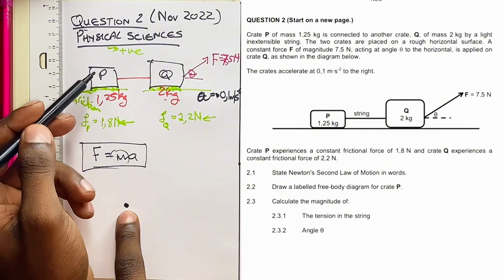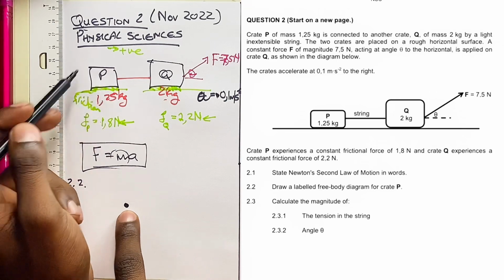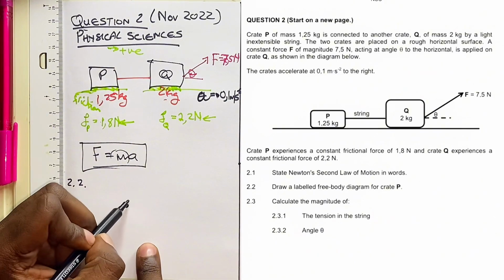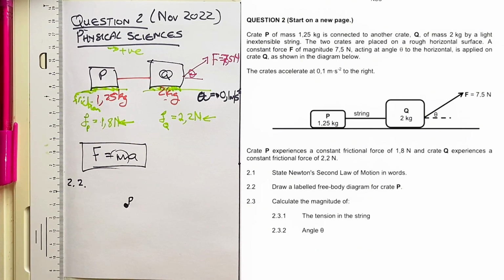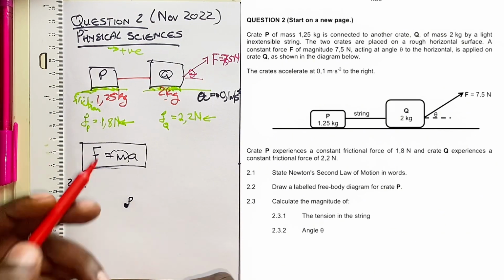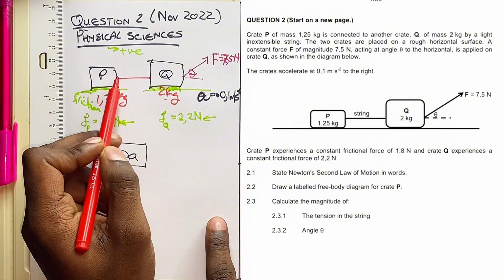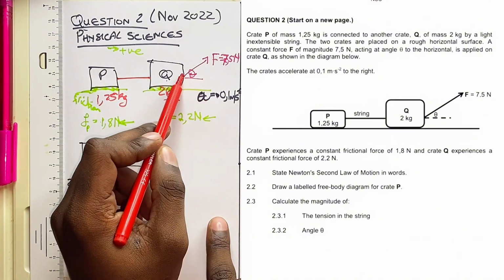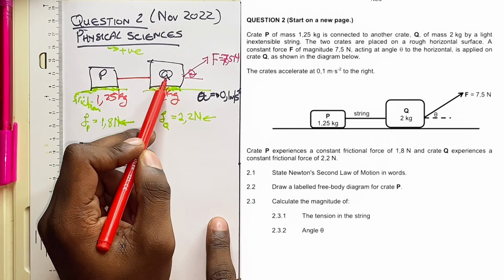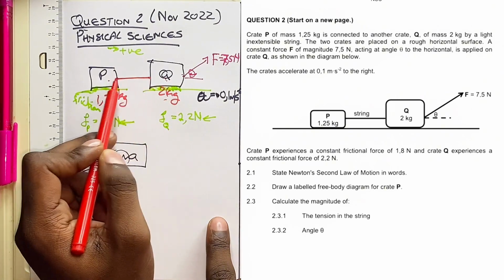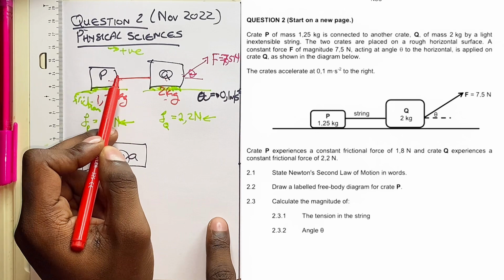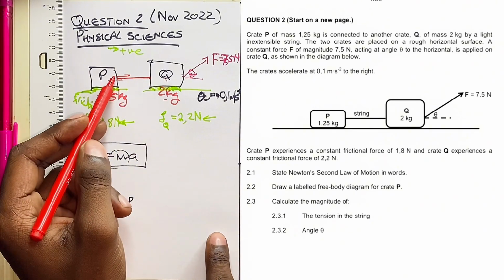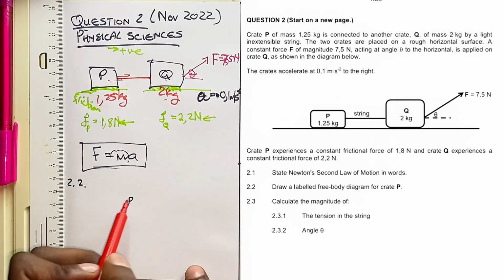This dot represents grade P. Let me just write it down. Now let's talk about the forces that are acting on our grade here. First, we know that since it is being pulled by grade Q, Q is pulling P through this string. Therefore, it is experiencing a force that is moving to the right.